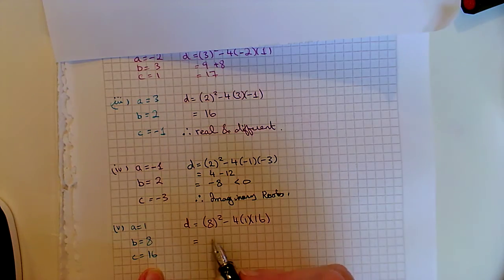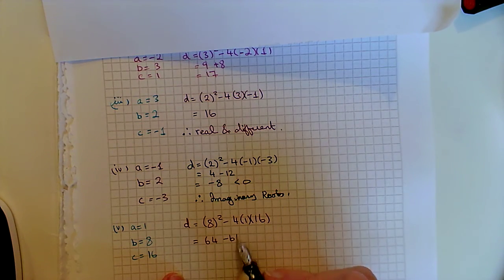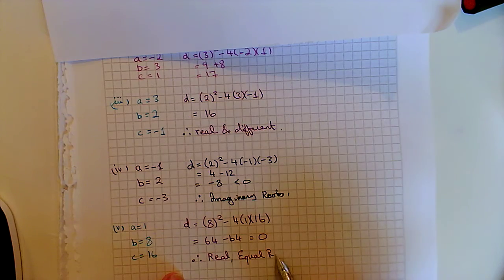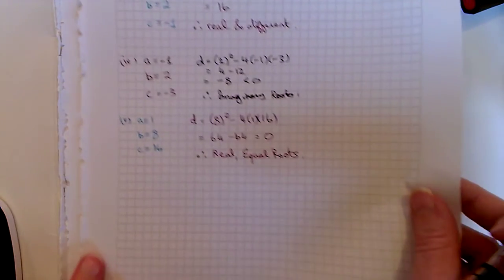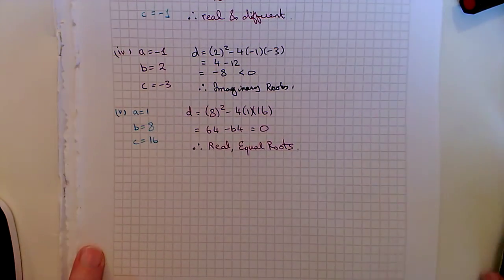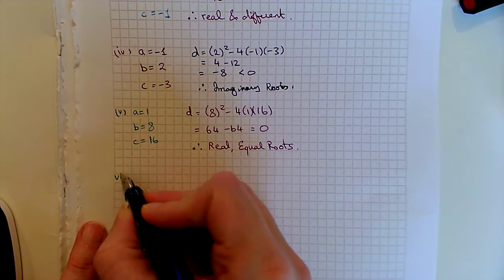And we get 64 minus 64, which is 0. So for the first time we have real but equal roots. If we used the minus B formula to solve that, we would just get one answer, and that would be where it touches the x-axis.